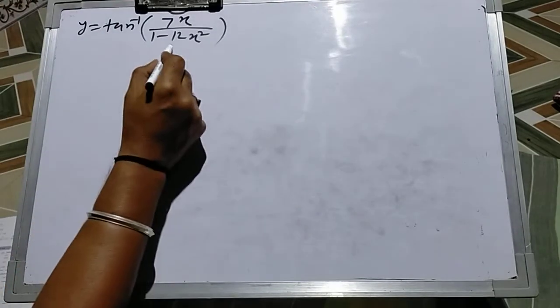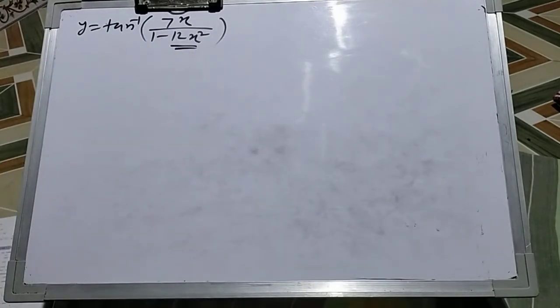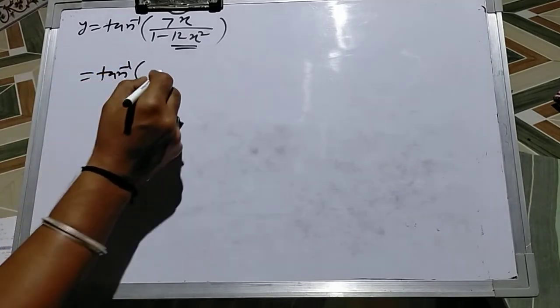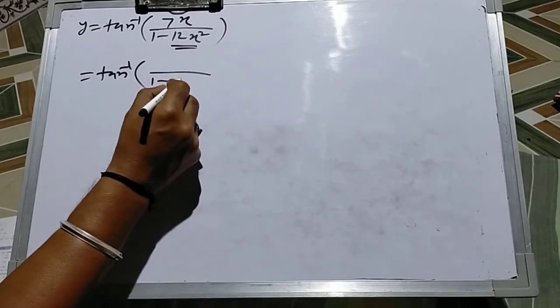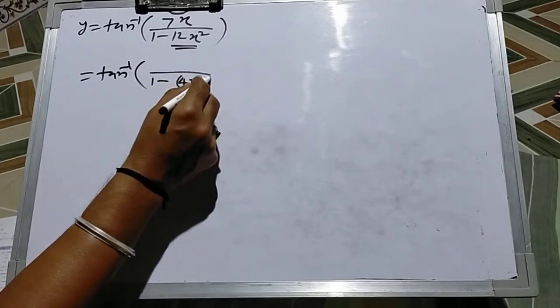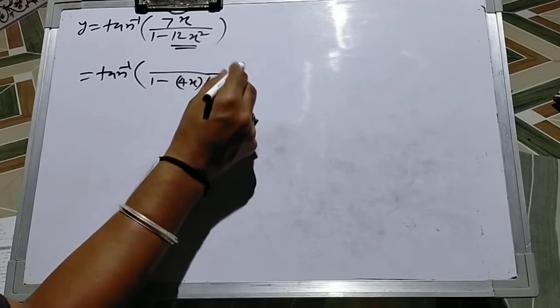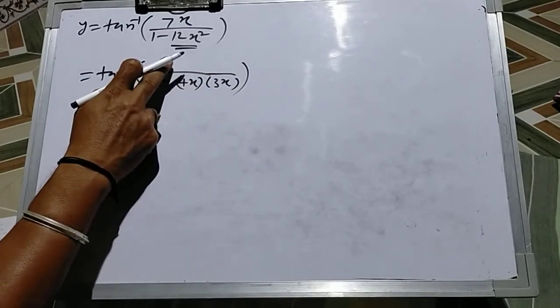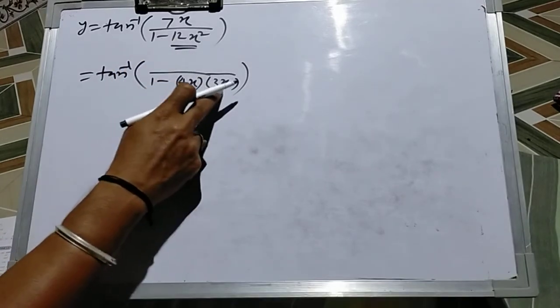Now consider the factors of 12x square: 4 threes are 12. So this can be written as tan inverse of, with denominator 1 minus 4x into 3x. Here the minus sign means addition, so the numerator must contain the sum of these two terms.